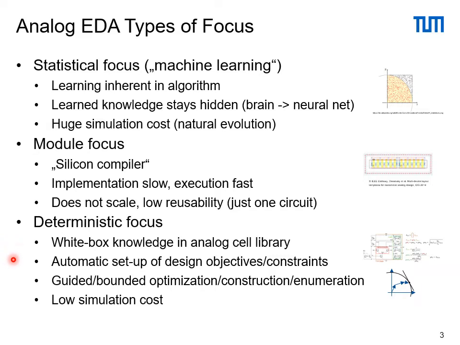And you have to think about an automatic setup of your design objectives and constraints as a part of these libraries. Your design approach should be something like a guided or bounded optimization, or construction, or sometimes even enumeration. And when you do this, you usually end up with pretty low simulation cost.